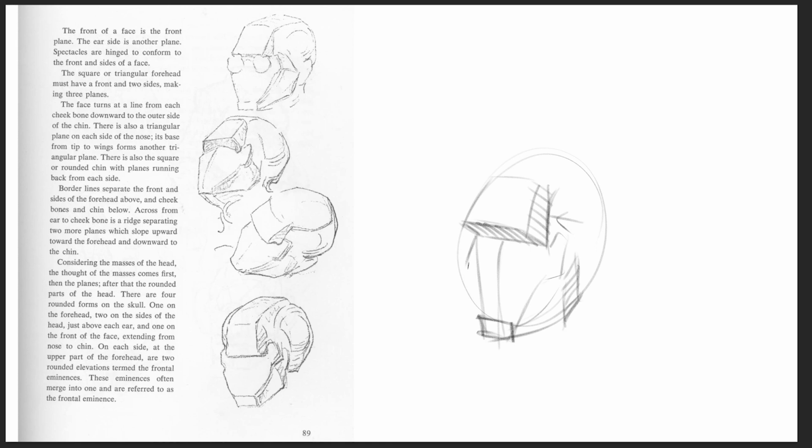On the profile line, we can also see that change in direction. And then he's shorthanding the back of the skull, giving it a more rounded form, which it does have. The back of the skull is more ball-like, but that ball is also broken into planes across here, between the top and the side, back along in here that separates the side from the back view or the posterior view. And then there's a small plane underneath here that shows the bottom of the skull, which is where the trapezius muscle comes and intersects it.